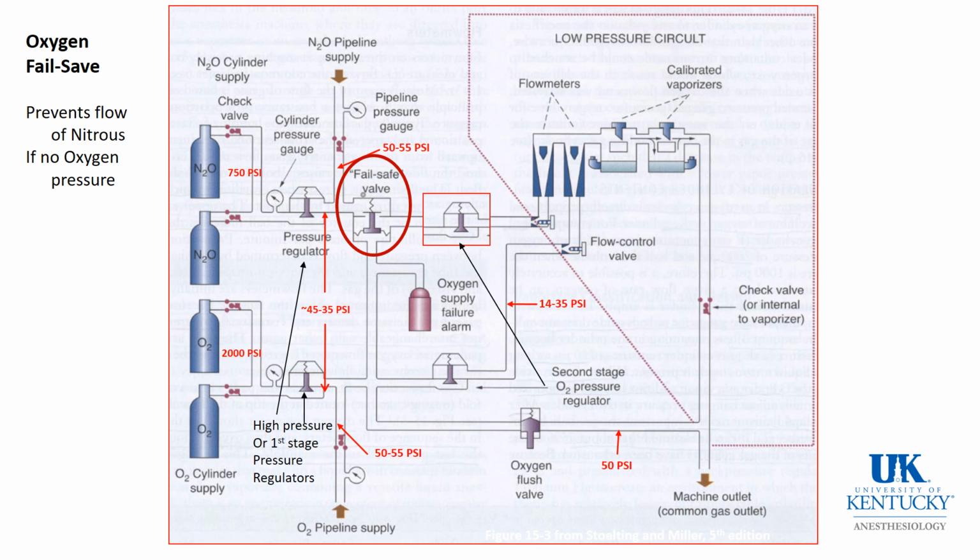So this valve here, as you see, is connected to the oxygen pipeline and to the nitrous pipeline. And when the pressure in the oxygen pipeline goes to 0, this valve is closed and it stops any nitrous from getting into the system.